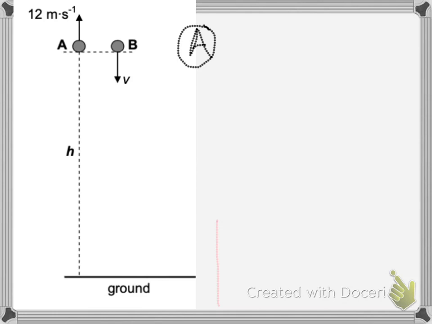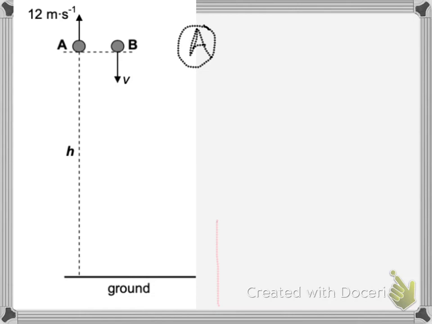But before we do that, we have the diagram, and the next thing we have to do is determine what sign we would give to up and what sign we would give to downwards.